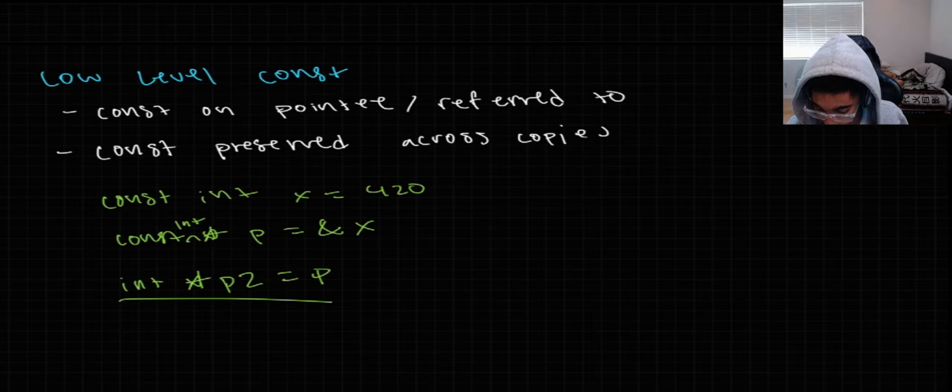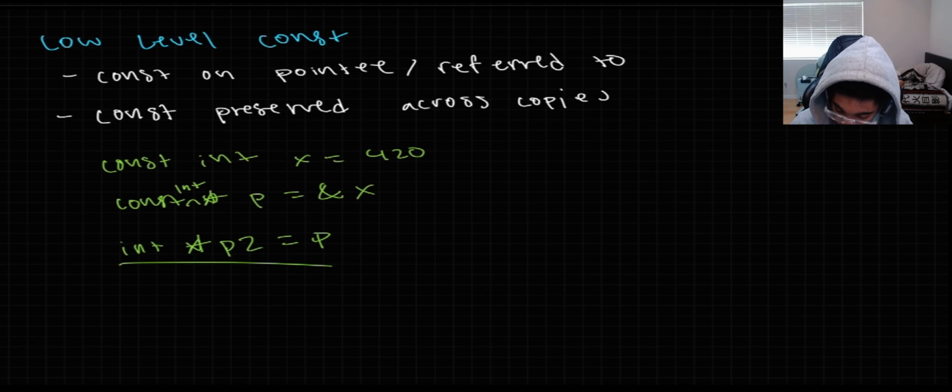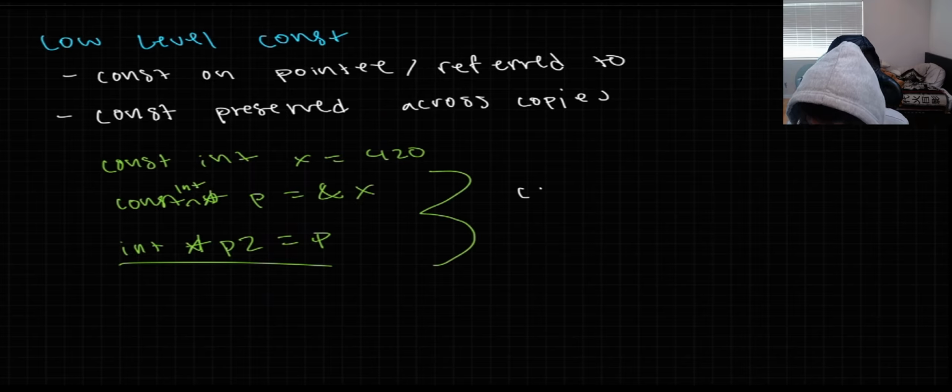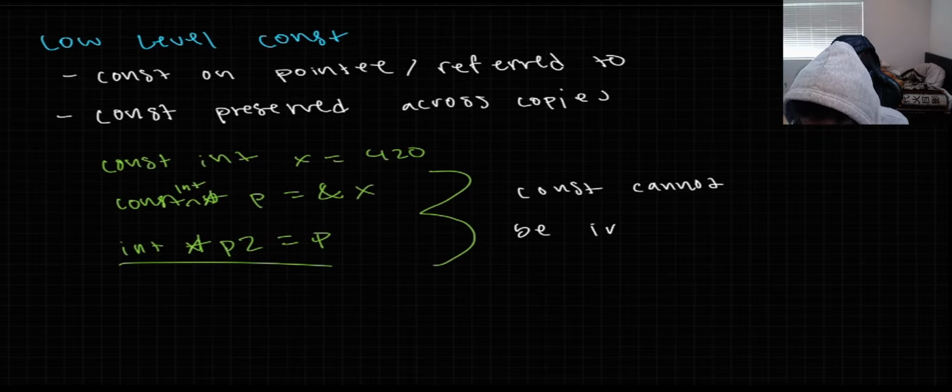As you can see, the object inside of p is a const int. So this would be ill-formed syntax. We cannot do this only because we can add a const, but we are not allowed to remove a const. And so const cannot be implicitly dropped.